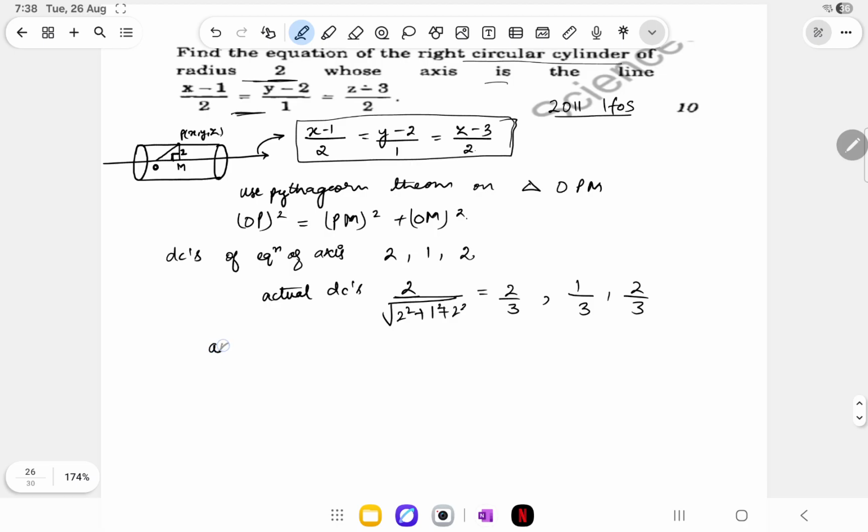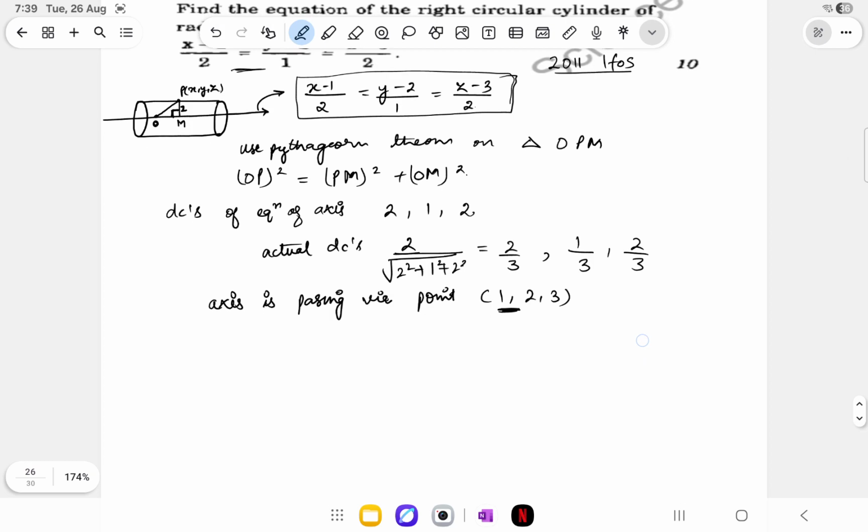Further, my axis is passing via point 1 comma 2 comma 3. So I can assume this point O to be my point 1 comma 2 comma 3, and then likewise I can locate any point P on the cylinder and its perpendicular M on the axis.